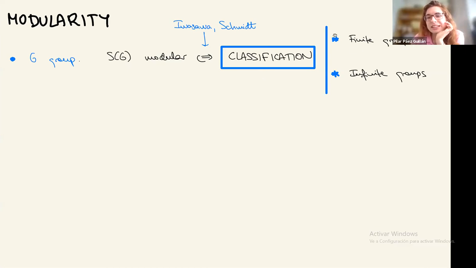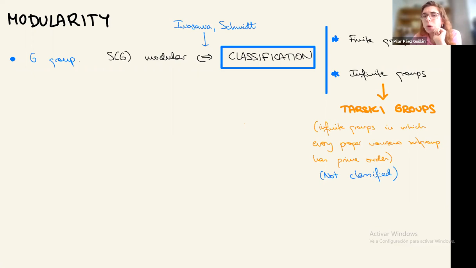Just let me say that this is quite more complicated than the characterization for distributive lattices. We can differentiate between finite groups and infinite groups. And in the case of infinite groups, one kind of groups which appear here are the Tarski groups and related groups, extended Tarski groups, which are, roughly speaking, infinite groups in which every proper non-zero subgroup is simple, okay?